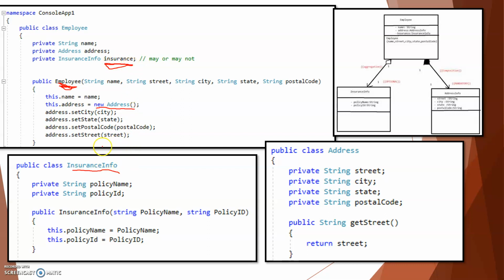Therefore, if we lose the employee, we don't necessarily lose the insurance policy. Okay, so it's really hard to explain and describe in a video, so I think we'll come back to that. It'll be interesting to see how you found the actual programming task and see if you can begin to see that connection between how these relationships are implemented.